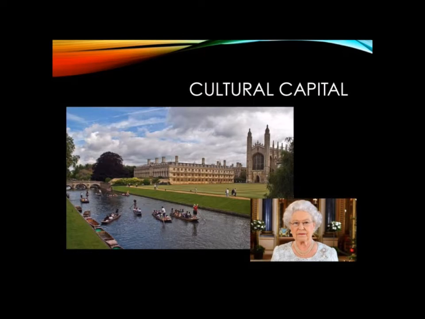And well, fortunately or unfortunately, I don't speak like the Queen because I'm from the north of England, and I speak with a Yorkshire accent. Well, I just tried to make it more pronounced just then, but I think that the Queen is a good representation of cultural capital because people think that they want to speak like the Queen.